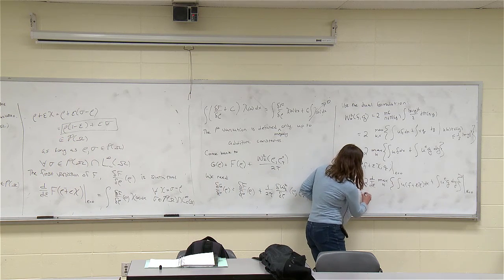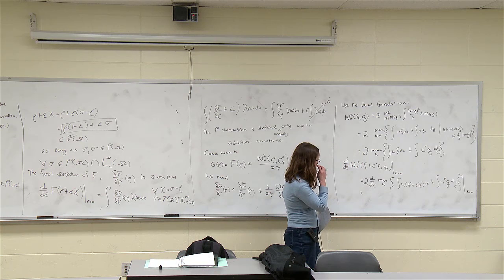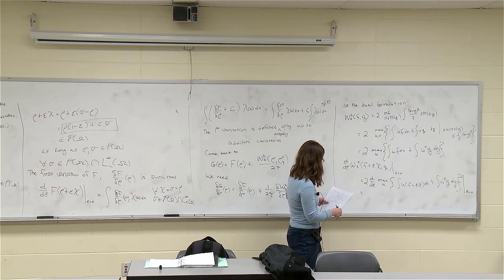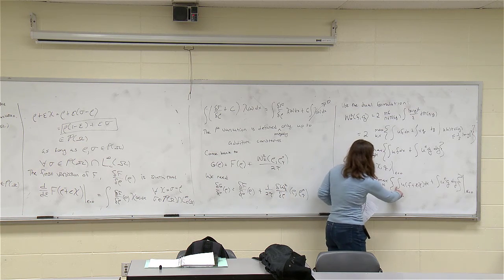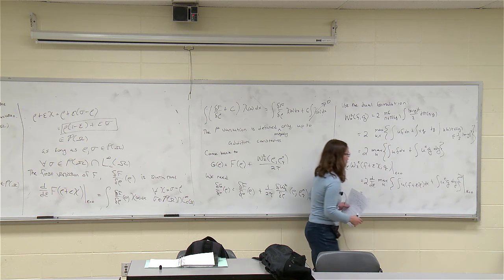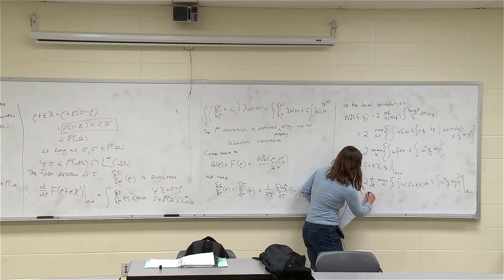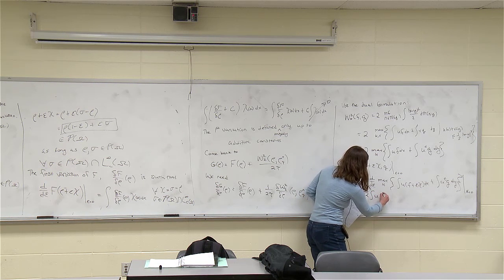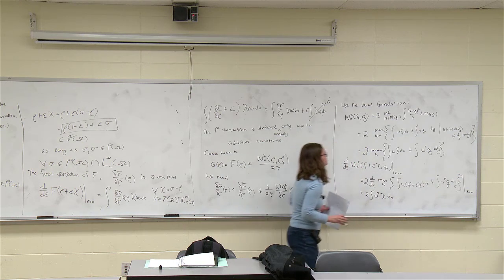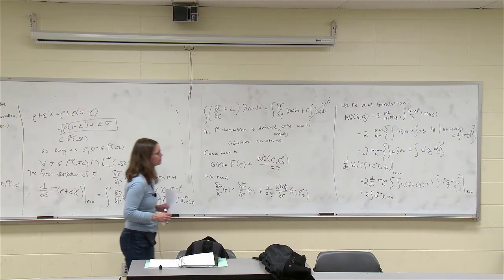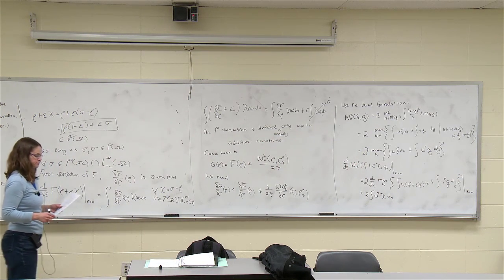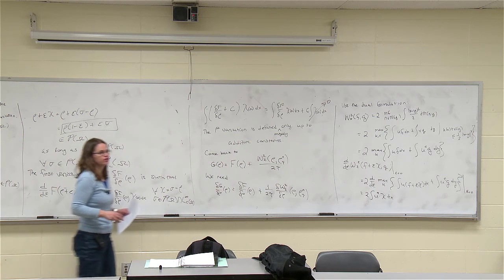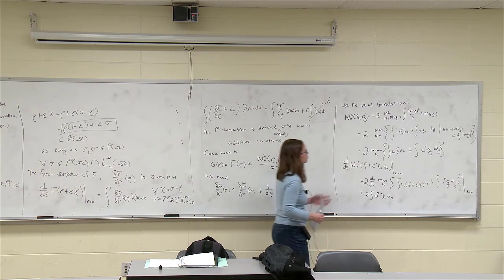Okay, so if we're trying to take the derivative of this with respect to epsilon, what's going to happen? We're going to get a 2 u chi here. Call that u star, where u star is the value that achieves the maximum in the previous line.